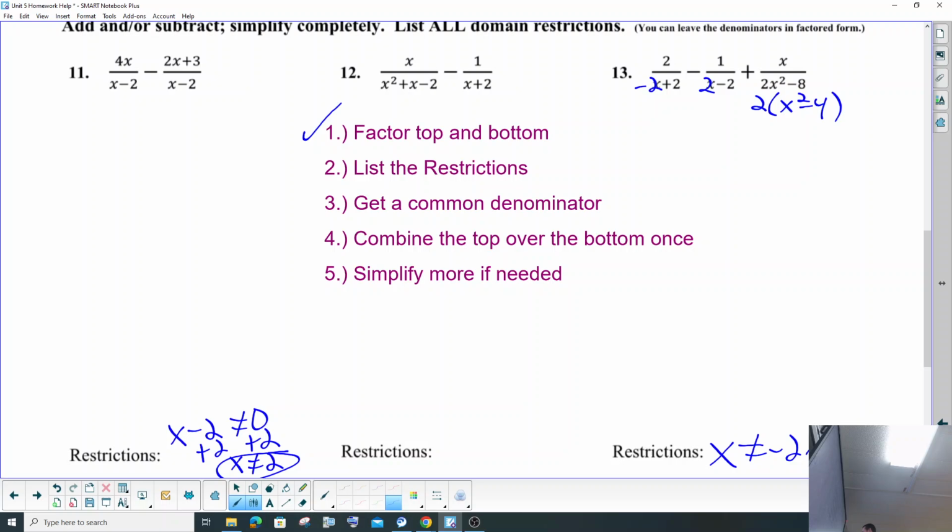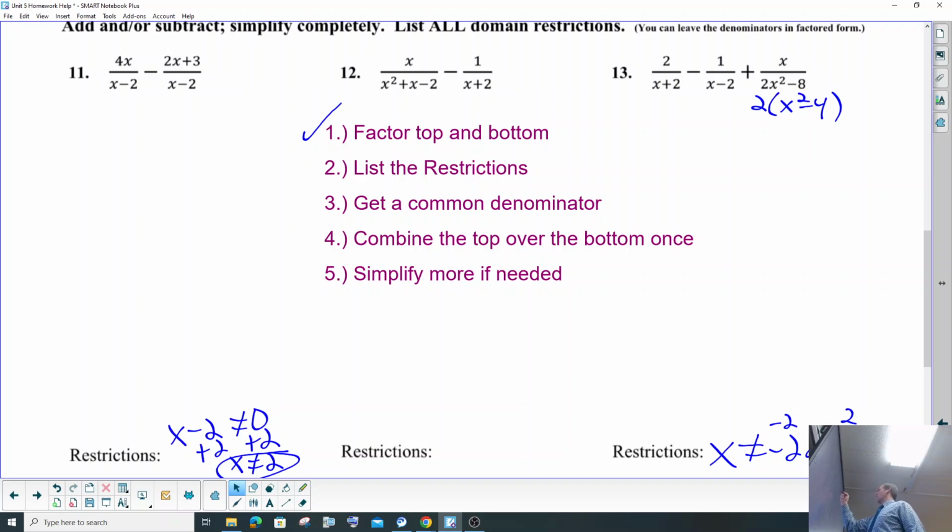So factor the top and bottom, and then list your restrictions. Those are bad because you can't divide by 0. It's undefined. So don't forget to list those.